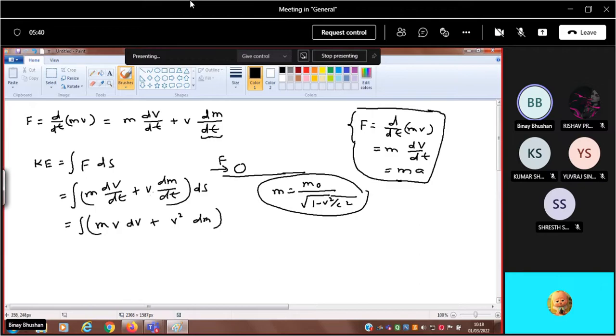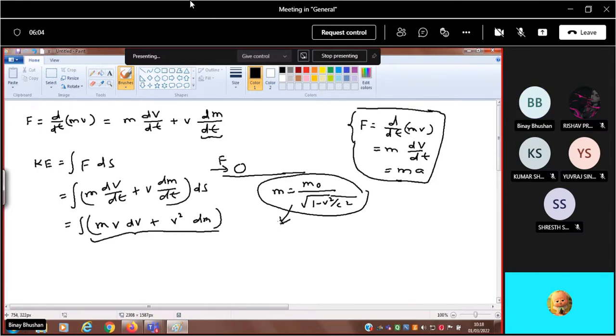How? Because ds by dt is v, so the first term will become mv dv, and the second term, ds by dt being v, will become v square dm. Now we have two variables here, m and v. So I want to convert this integral into one variable. So what I did, I differentiated this.